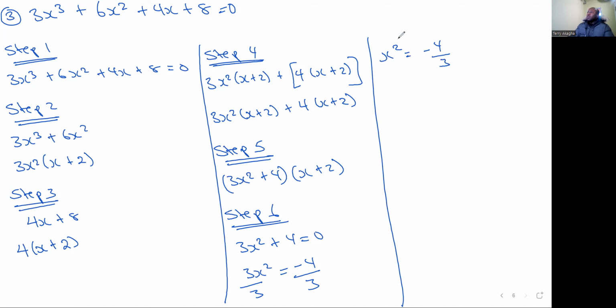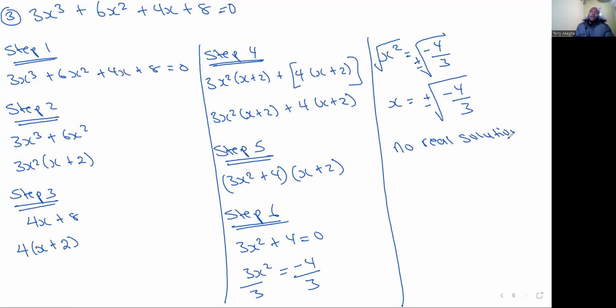To remove the square, you find the square root of both sides, so plus or minus. So x is going to give us plus or minus square root of minus 4 over 3. Now, in quadratic equations, I told you that when you have a minus under the square root sign, there'll be no real solution. So this will have no real solution or no real root.